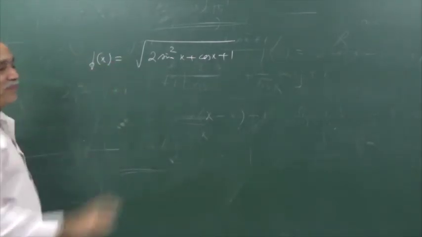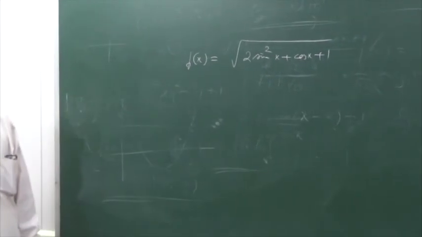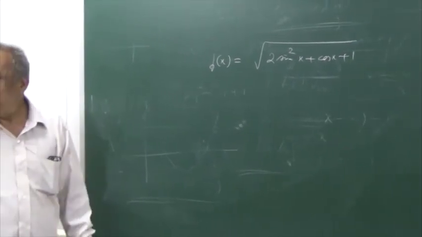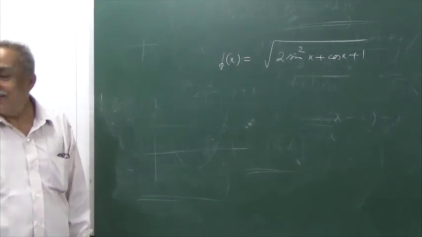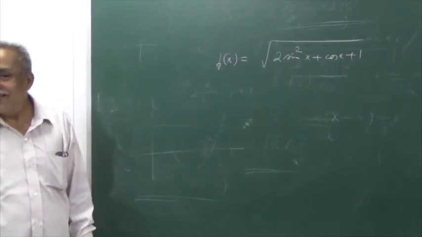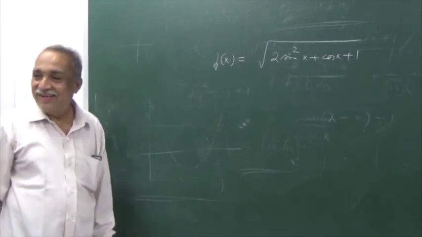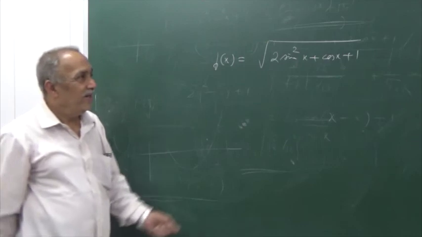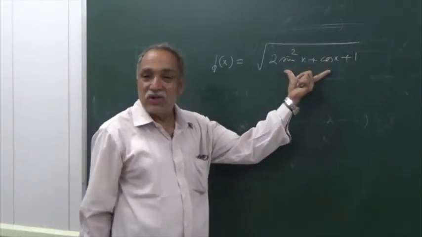Okay, then. We have to find the domain as well as the range. In order to get the domain, I need to ascertain at what points this is not negative.